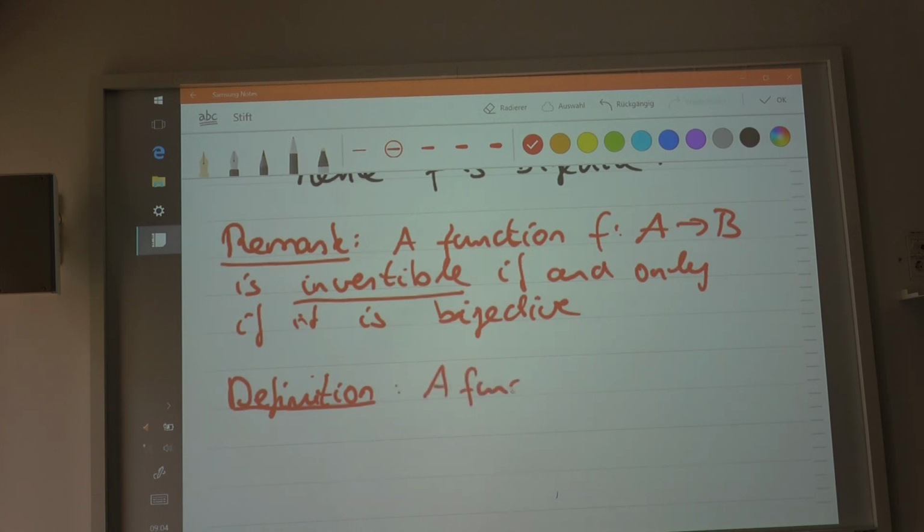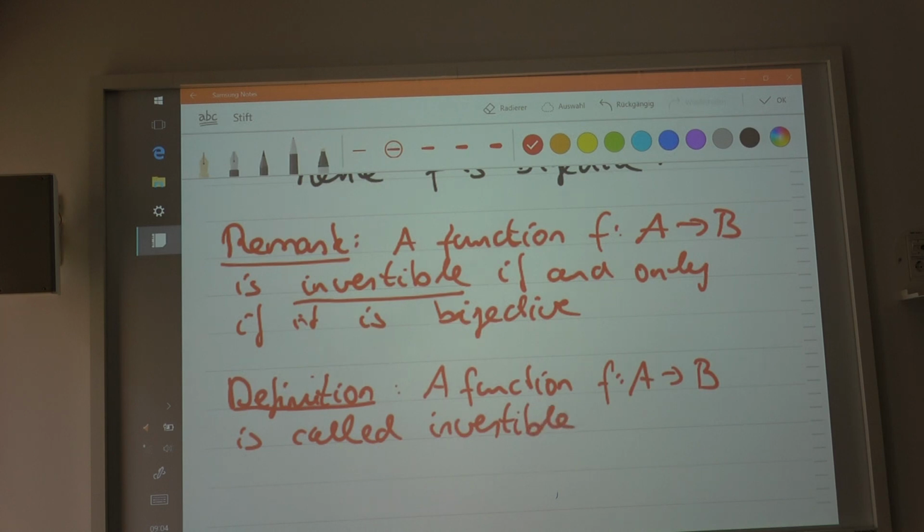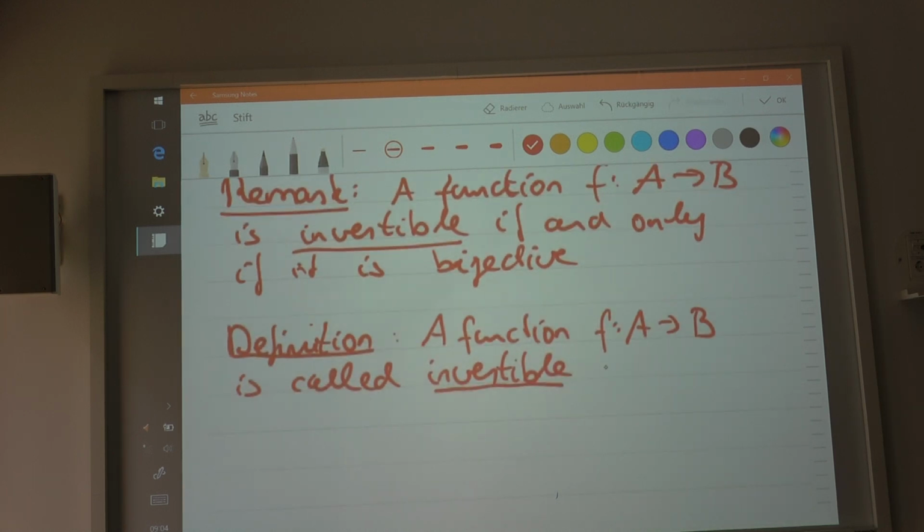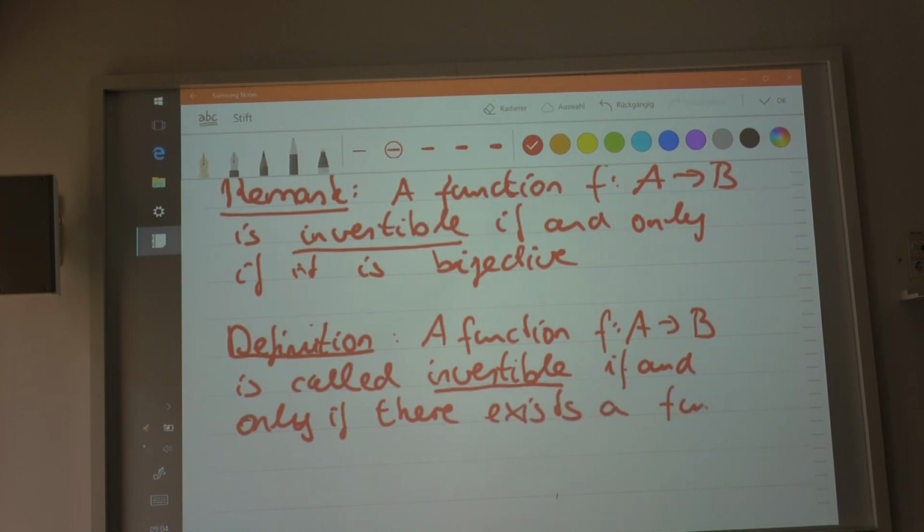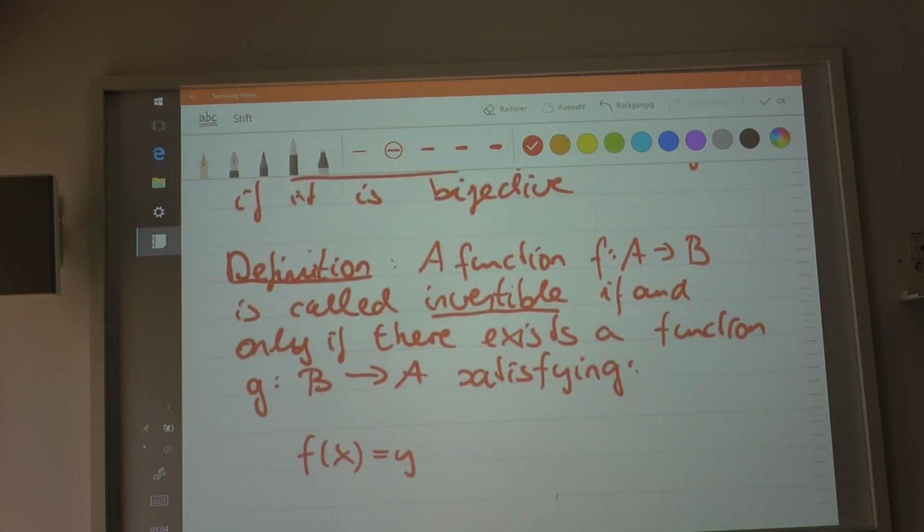A function, let's call it f, going from A to B, is called invertible if and only if there is a function, let's call it g, and the function g goes from B to A, so this is a mapping from B to A, satisfying the following: f of x equals y if and only if g of y equals x.